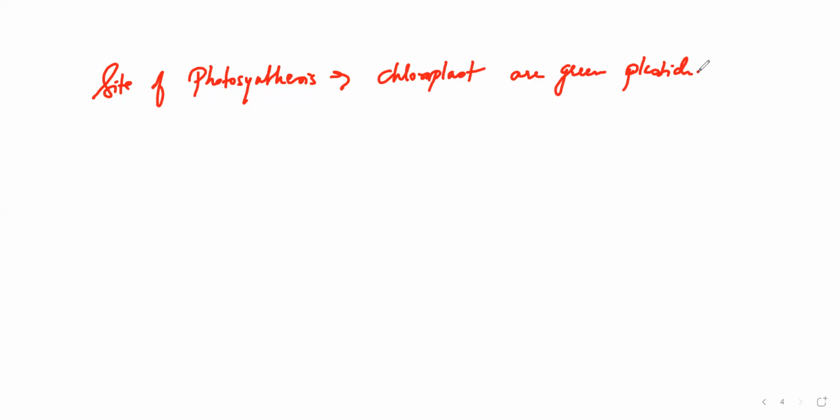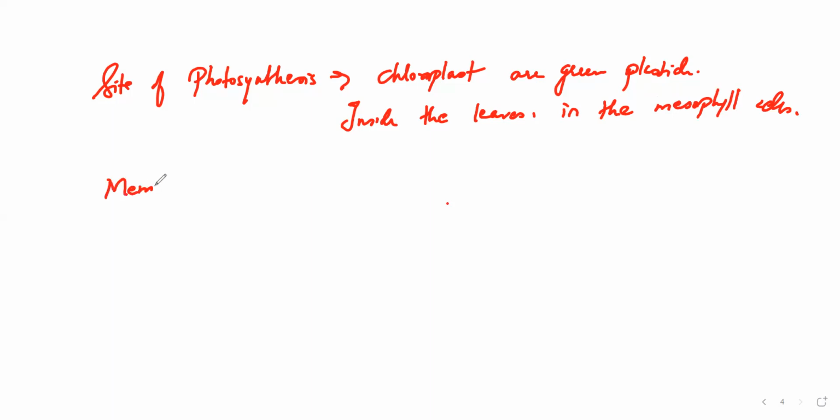Okay, so where is this chloroplast present? Inside the leaf, in the mesophyll cells. Even though a chloroplast looks simple, it has certain parts inside it, because chloroplast is generally a membrane system.